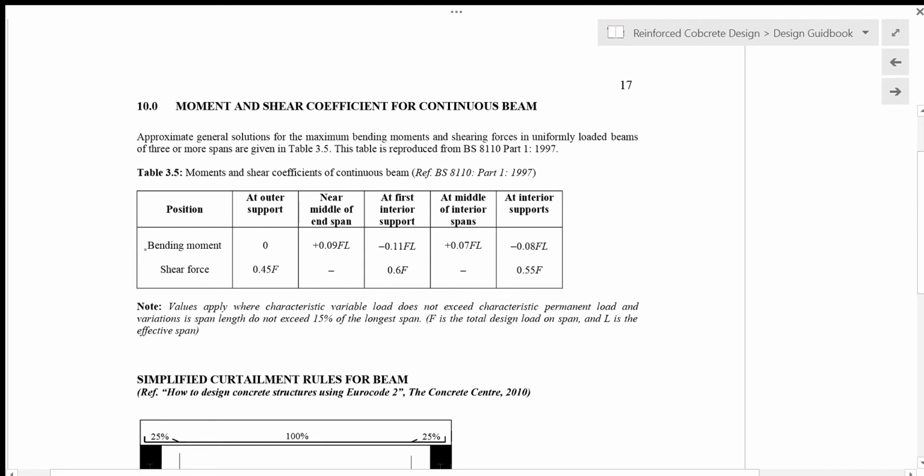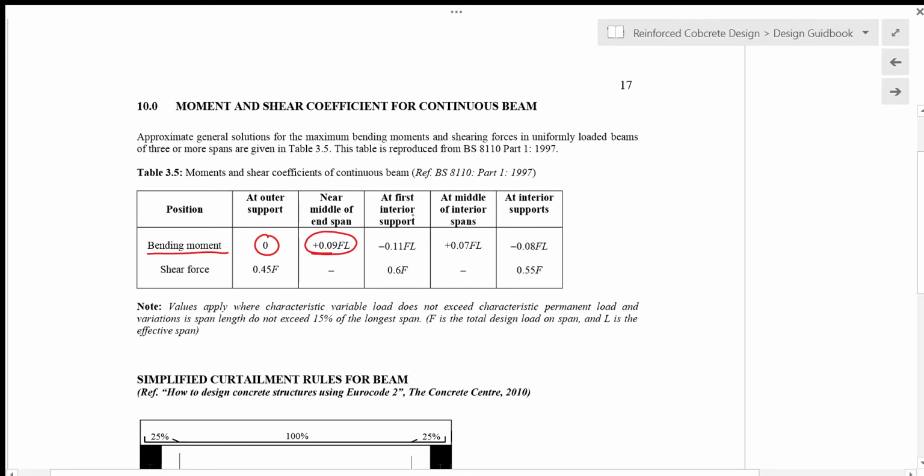As for bending moment, we assume zero moment at the outer support. So at the end support, the moment is zero. Near the middle of the end span, we have a positive moment of 0.09 FL, where F is the total force on the span and L is the span of the beam.